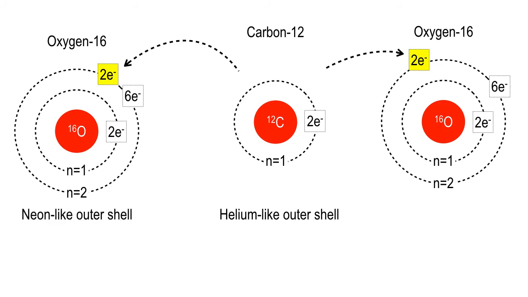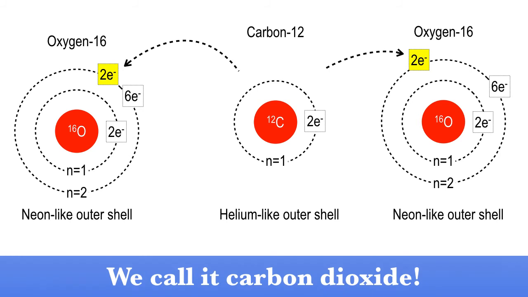And now over here, the 2 oxygens have got 8 and 8 in the outer shell, and that's like the neon outer shell. So it's got a good helium inner shell, and then the n equals 2 shell is configured like neon, and that makes the oxygen atom happier than SpongeBob under the sea. And that's the compound that we call carbon dioxide.